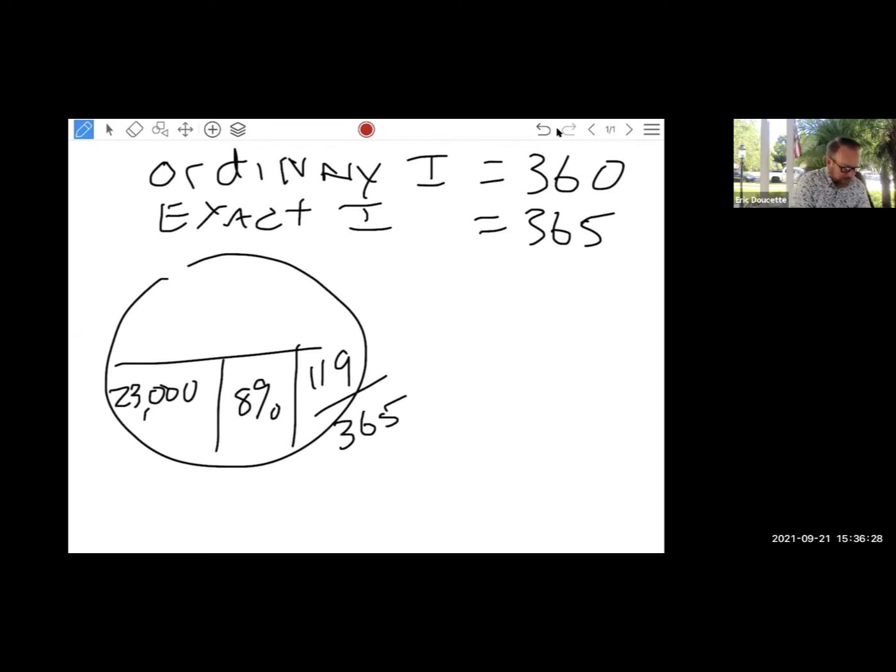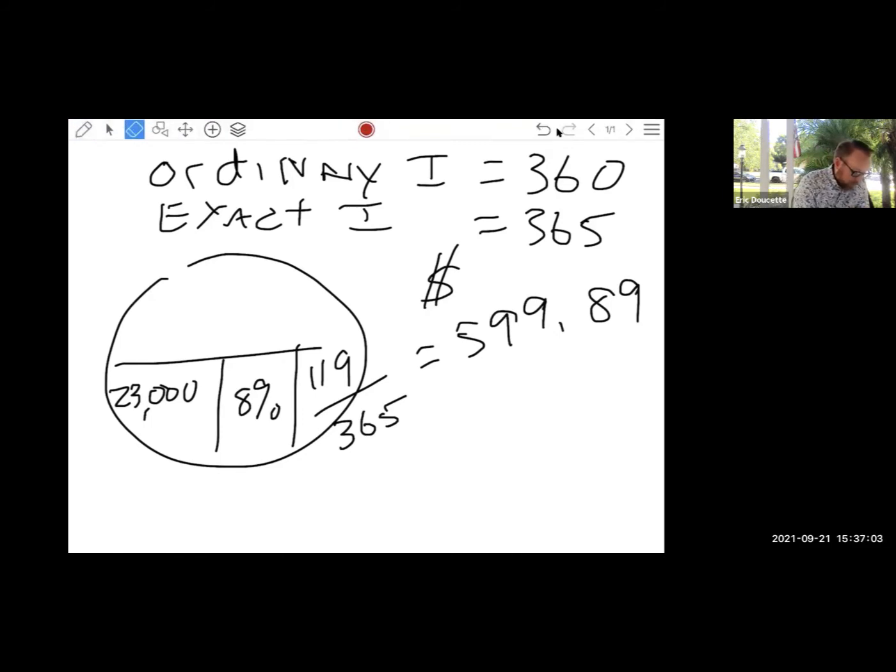In order to find how much interest Joe paid on his loan, we take the 23,000, multiply it by 0.08, multiply that by the 119 days, divided by the exact interest method, 365, equals $599.89. So that's how much interest he paid after 119 days on that particular loan. So that's not too great, is it? So that's using the exact interest method.